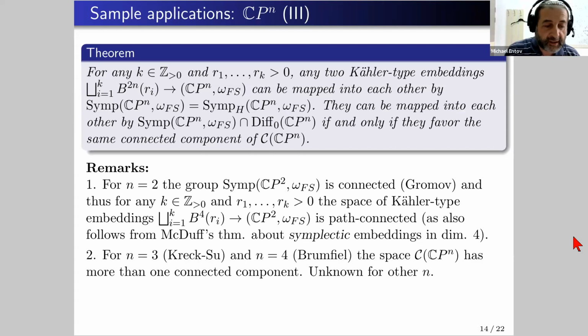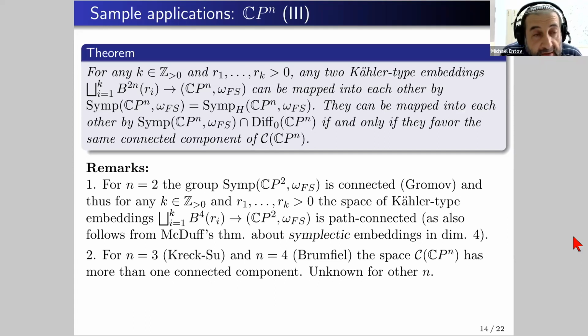Now, in higher dimensions, life can be more complicated. For CP6 and for CP8, it's known that the space of Kähler-type complex structures in CPN has more than one connected component. Well, it doesn't tell us on the spot that there will be Kähler-type embeddings favoring these exotic connected components, but who knows? Maybe there.